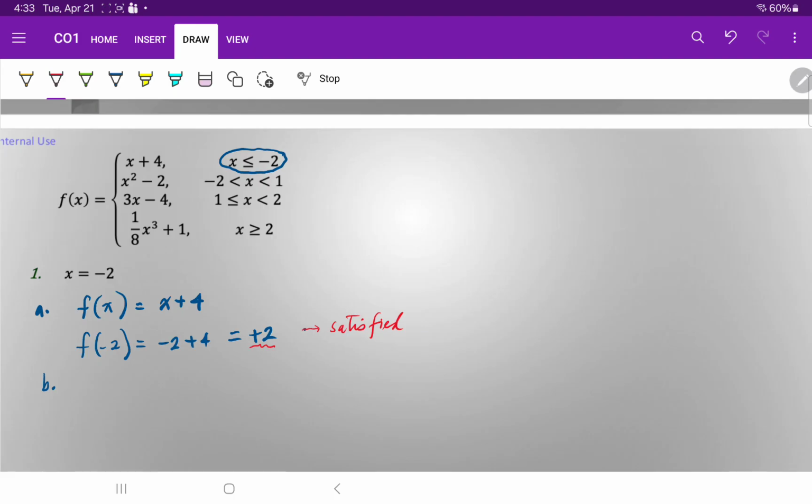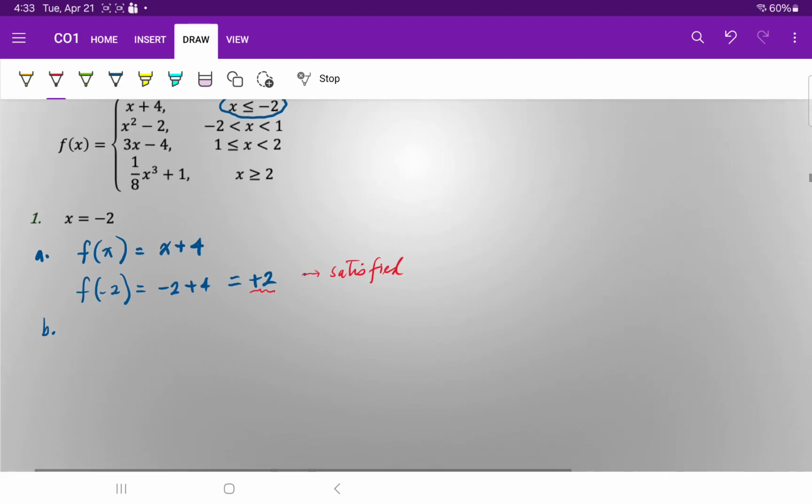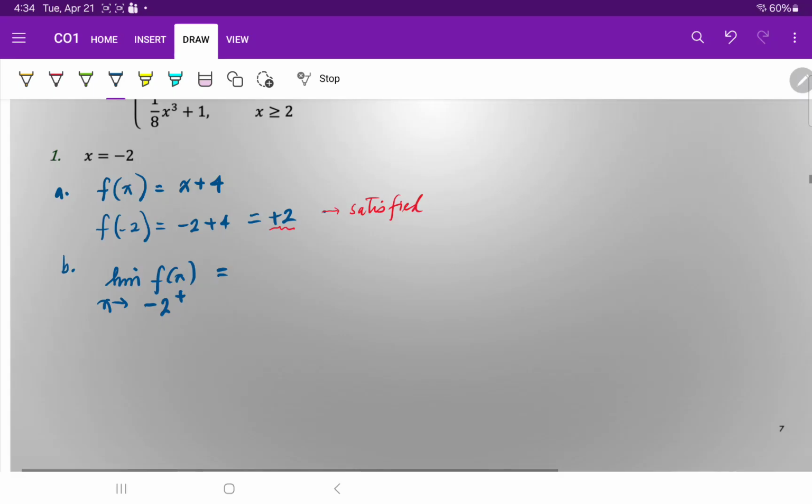Now, the second condition is that the two-sided limit must exist. So it means that you need to solve for the limit of f of x as x approaches -2 coming from the right. Let's draw the real number line with -2.